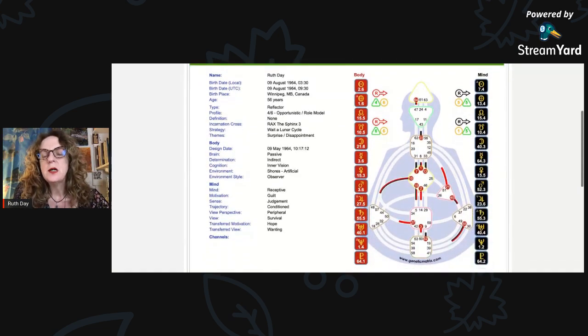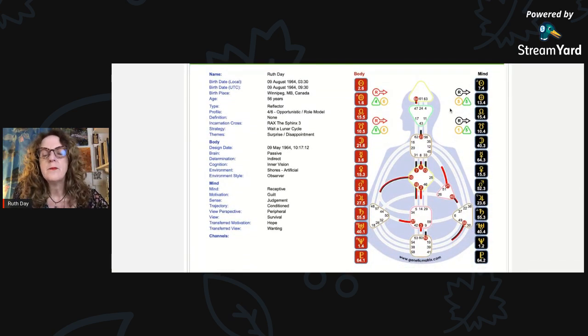So the 2 sides of the chart. This is called the mind, and this is what's conscious, and this is the body or the design side, and this is unconscious. If you go along here, you see how I showed you that Leo was at gate 7. So here's my personality sun in gate 7, and I'm a Leo, so that makes sense.